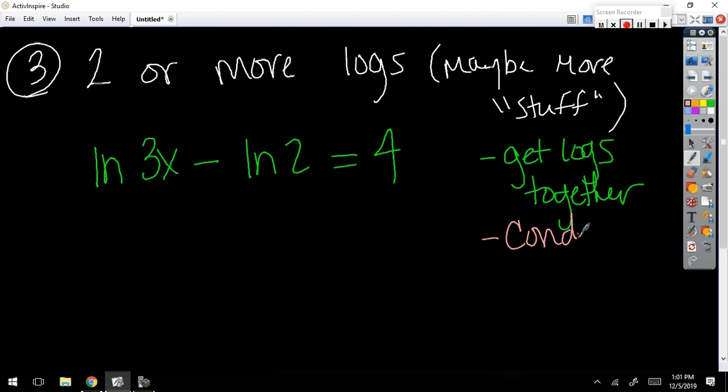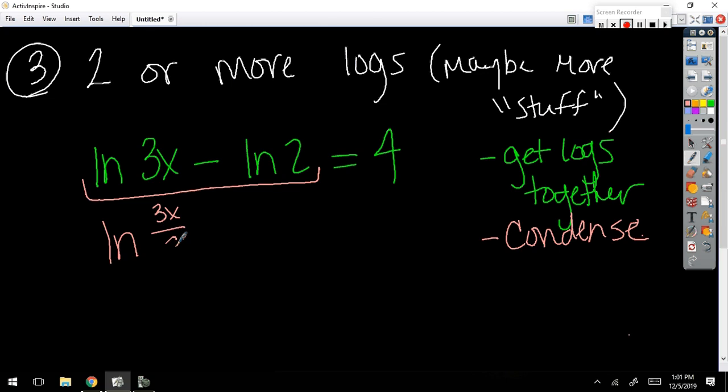So I'm going to condense just like I did yesterday, because when I condense, I end up with log written only one time. Natural log, 3x. Now I'm back to scenario number 1, solving it with one log. You always condense if there's 2 or more logs.